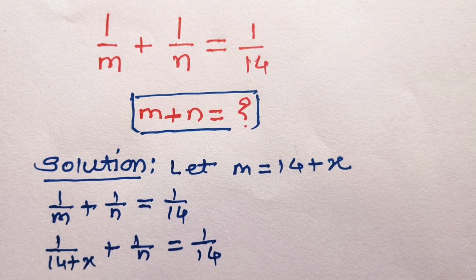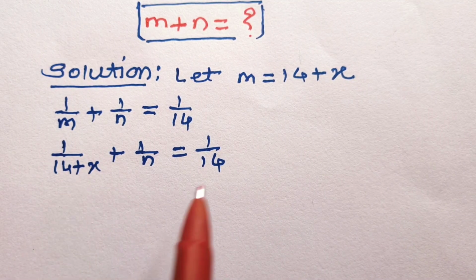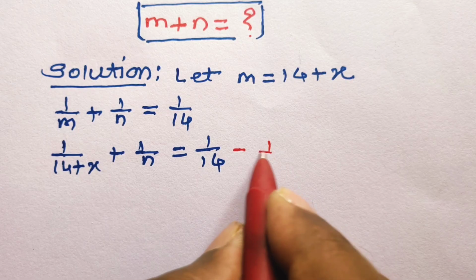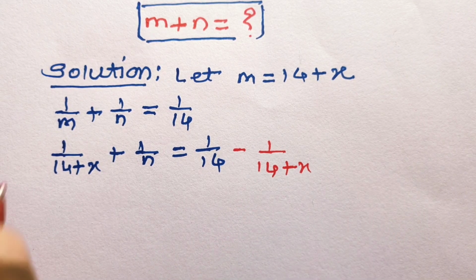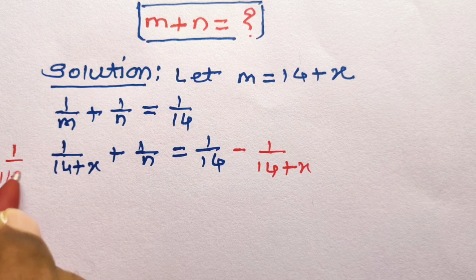Let us simplify this. Subtracting 1 upon 14 plus x on both sides, minus of 1 upon 14 plus x, and on this side also minus of 1 upon 14 plus x.